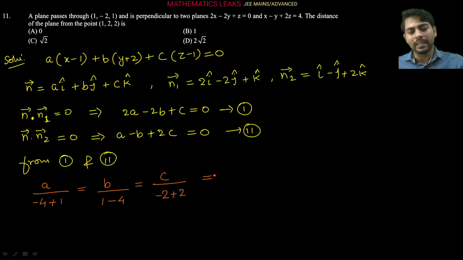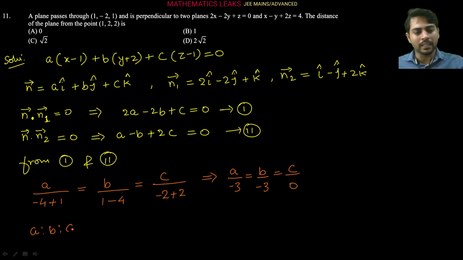So from here we can easily say that A upon minus 3 is equal to B upon minus 3 is equal to C upon 0. So A, B, C will be in the ratio 1:1:0. This is the direction ratio of the required plane.